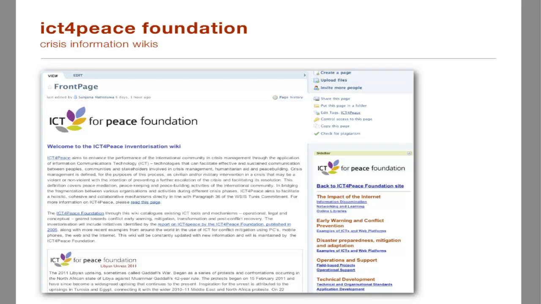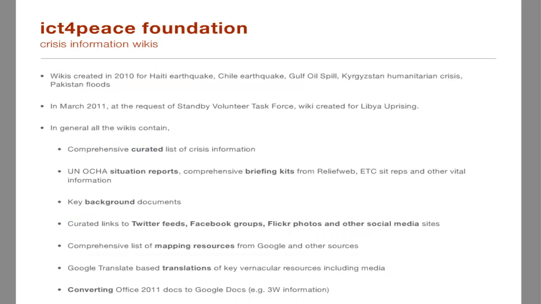And basically, each one has unique features and unique information sources, but overarchingly, these wikis are a comprehensive, curated list of crisis information sources and crisis information and, importantly, ways to help.